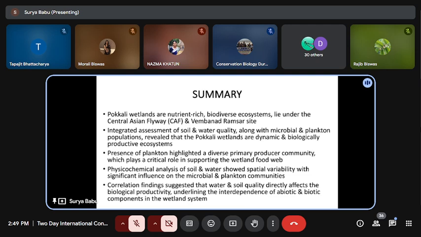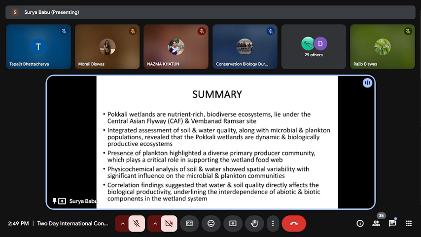It is a nutrient-rich biodiverse ecosystem, comes under the Central Asian flyway, and the integrated assessment of soil and water quality along with the microbial and plankton population shows that the study areas are dynamic and biologically productive ecosystems, and the high plankton diversity represents a high primary producer community in that area, which plays a critical role in supporting the wetland food web.